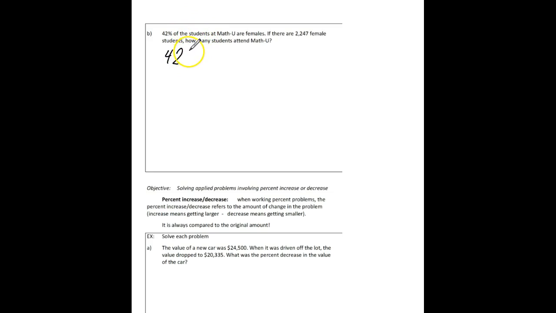So 42% of, we don't know how many there are, that's our of, what? 42% of what is 2,247? Because 42% of them are female, and we know that is equal to 2,247, but we don't know what our total population is.